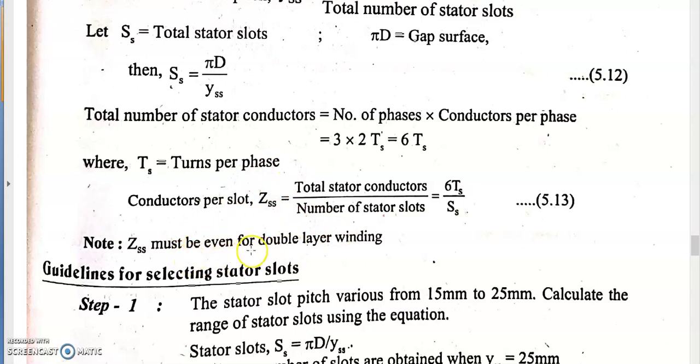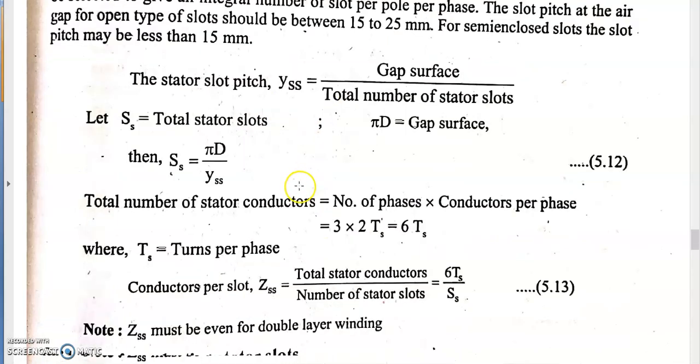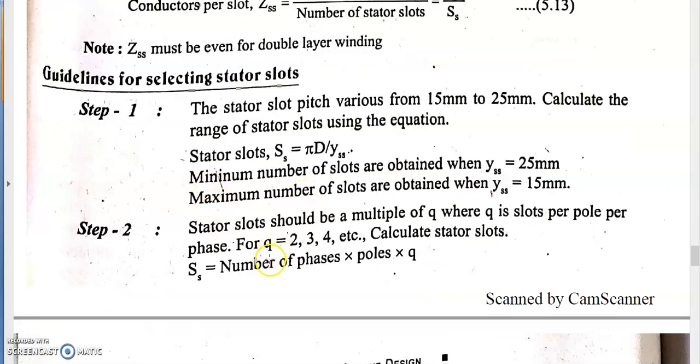It should be even for a double layer winding, because in an induction motor mostly we are using this double layer winding, so it should be an even number. So this is one criterion we are checking, and another criterion is based upon the slots per pole per phase, Q, and that Q we will be assuming as 2, 3, 4 etc. We will be calculating the total number of slots, because Q is slots per pole per phase. Poles and phases will be given in the problem, so from that we can calculate the stator slots for different values of Q. And then if this value is matched within the range of the stator slot pitch, we will be choosing that particular number of stator slots.